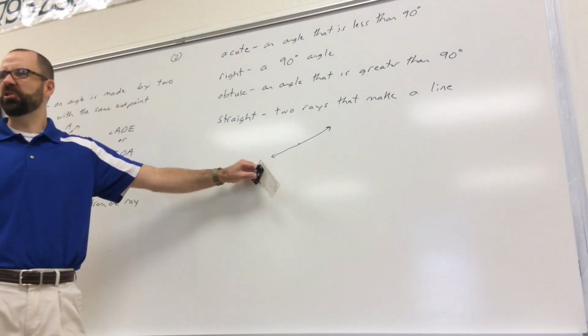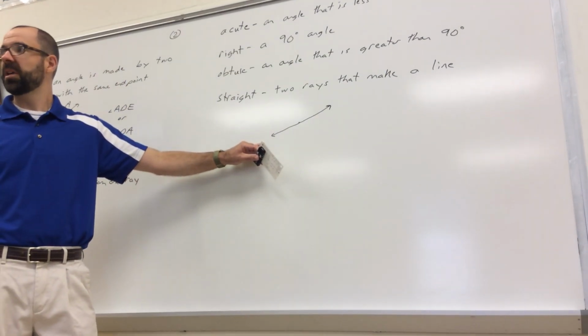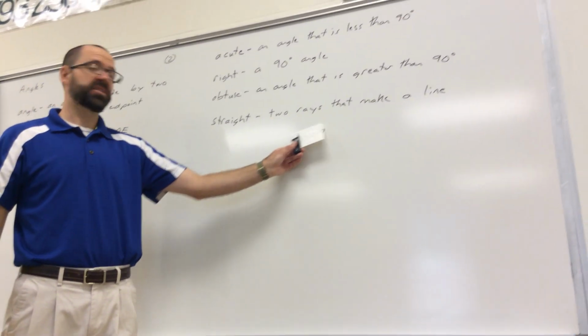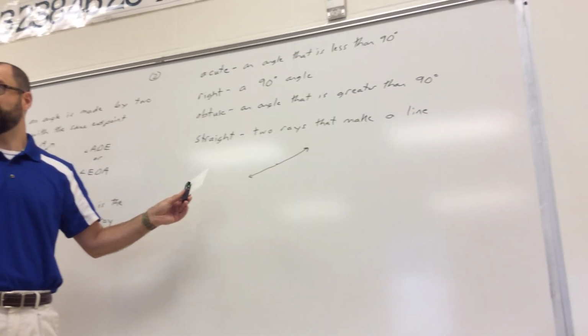That's kind of weird. Usually you just look at it as one line together, but you can look at the two halves and see the two rays and then think of it as an angle.